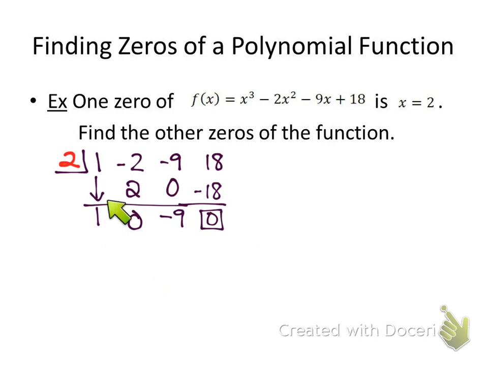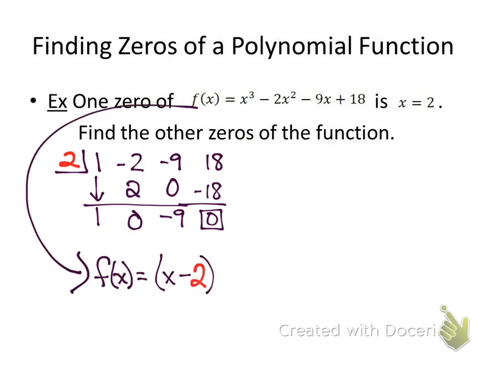So let's figure out how can we redo this polynomial. It can be rewritten as x minus 2 times 1x squared plus 0x minus 9. So I could rewrite it as x squared minus 9. And we're going to zoom in on that other factor.